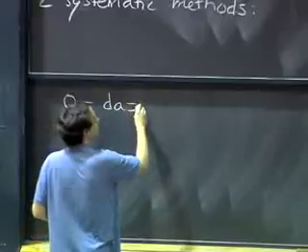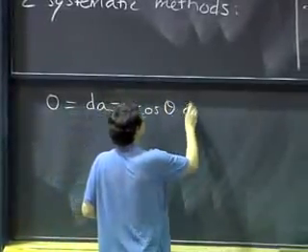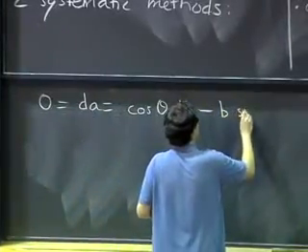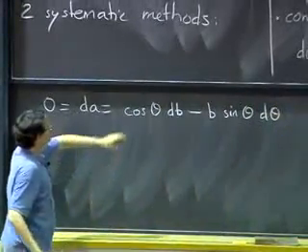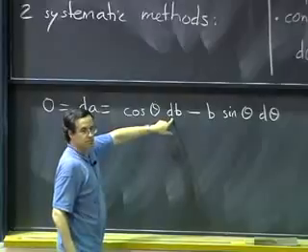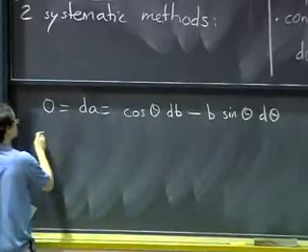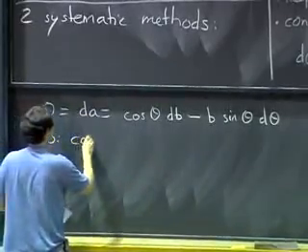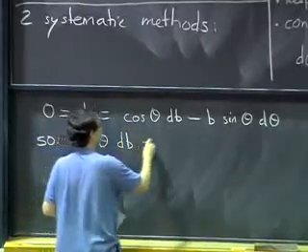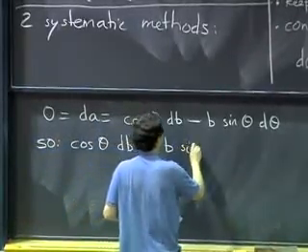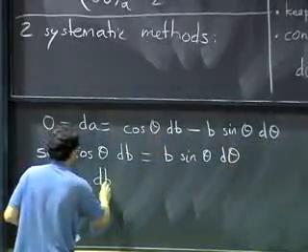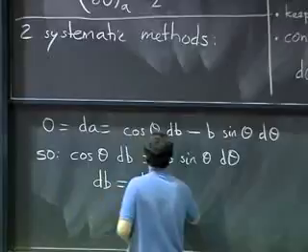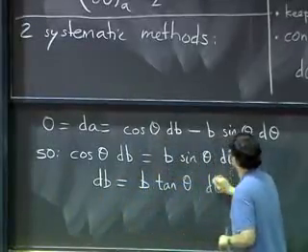So we have 0 equals dA equals cosine theta dB minus B sine theta d theta. That means that actually we know how to solve for dB. Okay? So cosine theta dB equals B sine theta d theta, or dB is B tangent theta d theta.